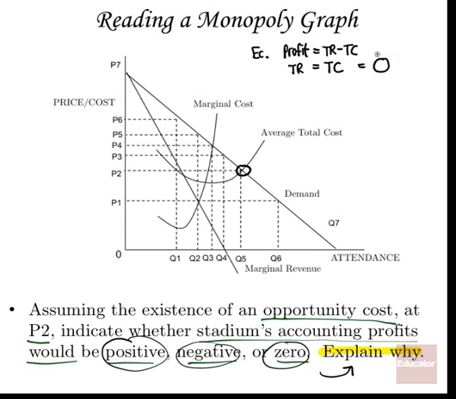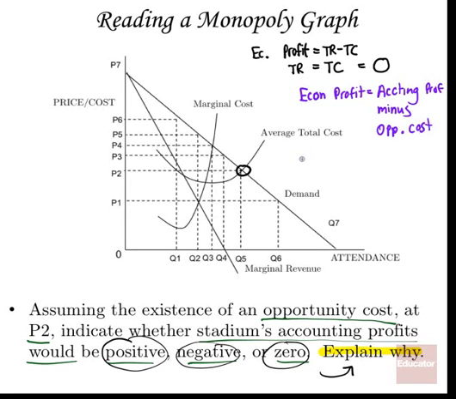Now, what's another equation for economic profit? Economic profit equals accounting profit minus opportunity cost.